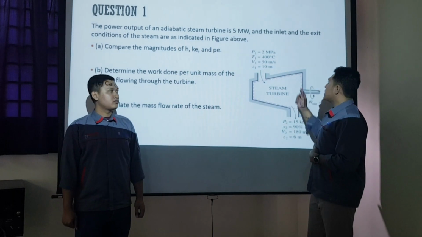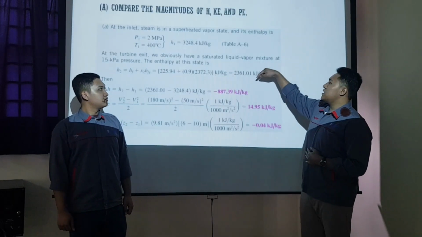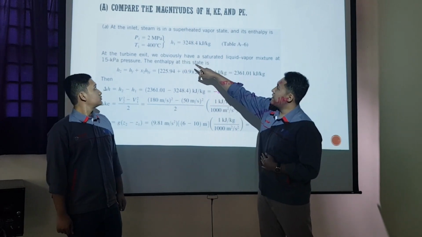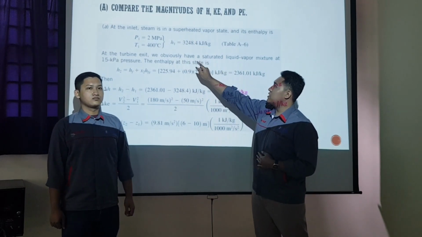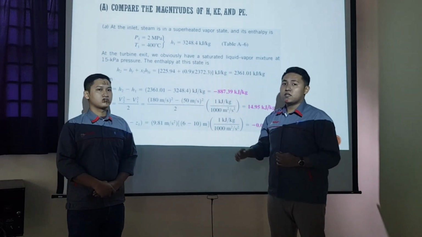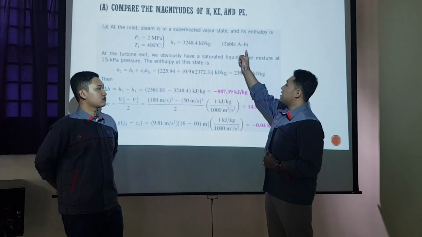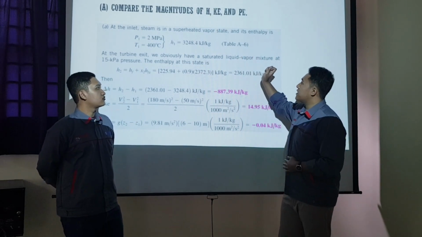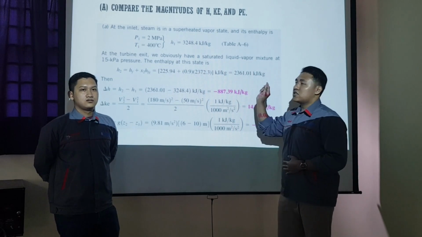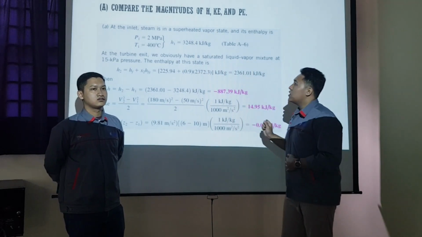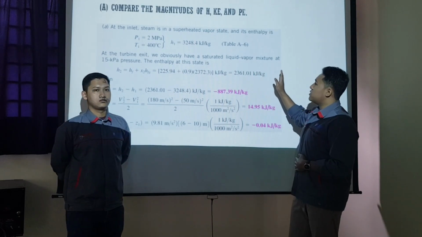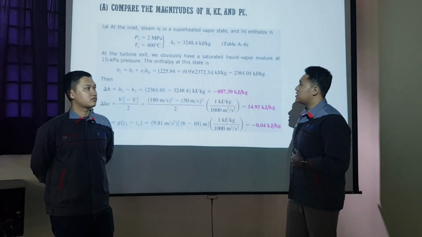From the figure, we get the information that P1 is 2 megapascal and temperature 1 is 400 degrees Celsius. From the properties table, at table A6, we get the enthalpy 1, which is 3248.4 kilojoule per kilogram. At the turbine exit, we have a saturated liquid vapor mixture at 15 kilopascal pressure.